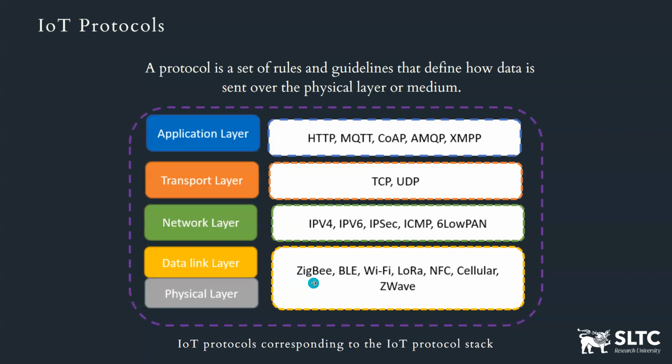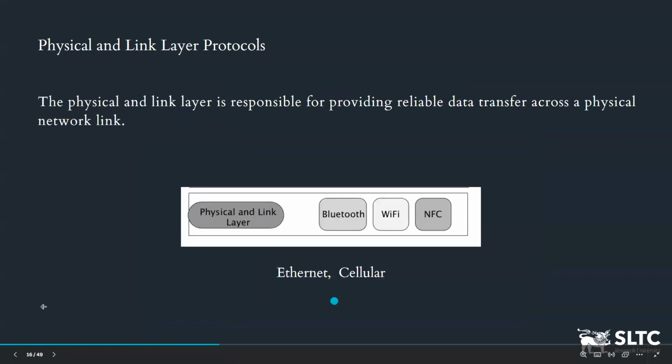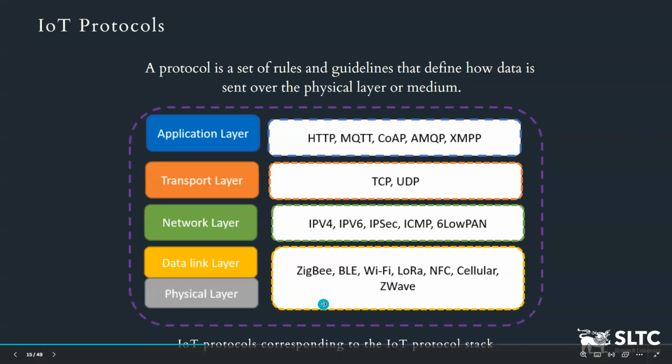Apart from that, based on the IoT application, communication protocols such as ZigBee, Bluetooth Low Energy, Wi-Fi, LoRa, NFC, and cellular will be used in the physical layer. They will define the physical layer standards for transmitting the data over that physical layer medium.